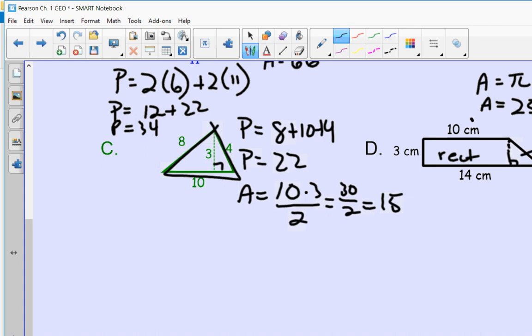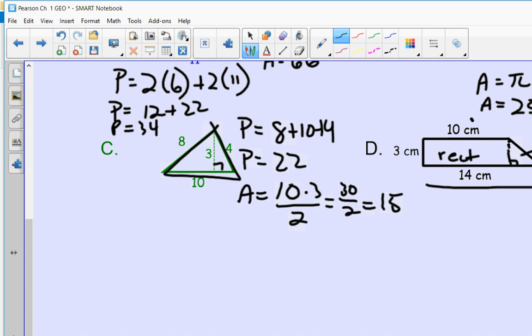Okay. All right. So I know how to get the circumference or the perimeter of a rectangle, and I know how to get the perimeter of a triangle, but unfortunately I got a missing piece. Okay, so what I'm going to do now is this 14. When I drew this, kind of split it up.